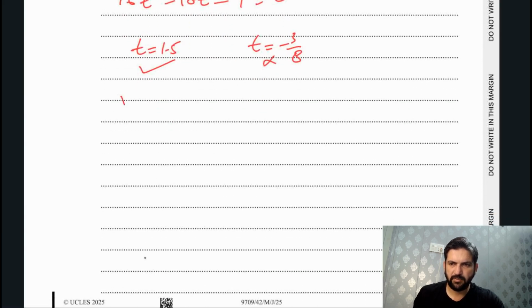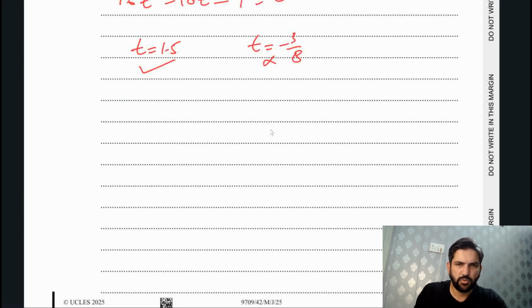So what we have to do, we can use the equation of motion, that is v is equals to 2 into t means 1.5 into, okay, not equations of motion, we can use the equation of velocity.